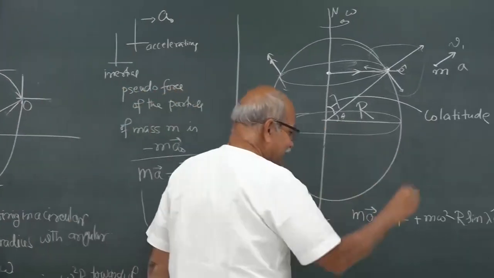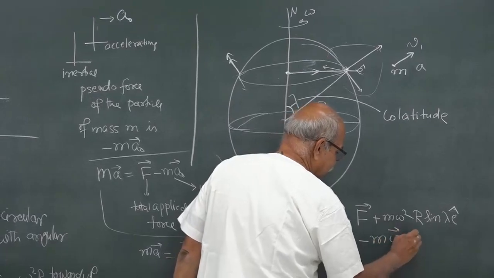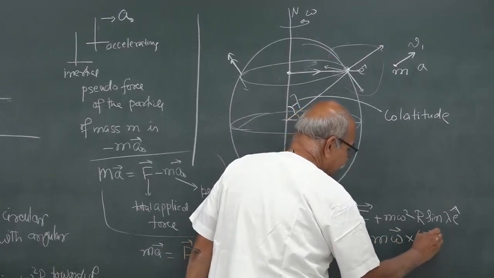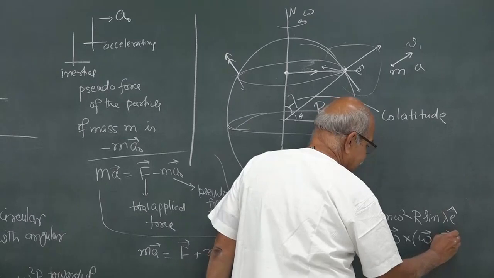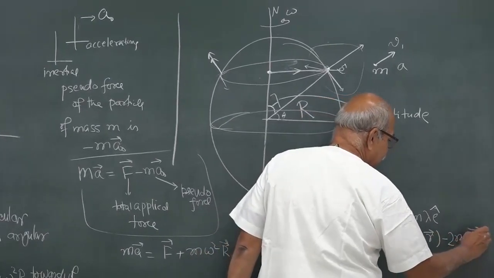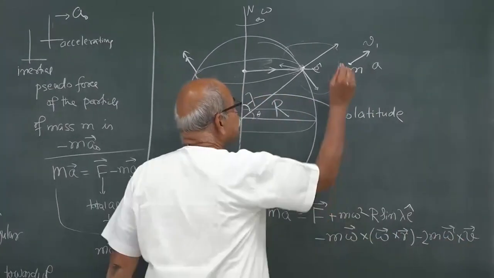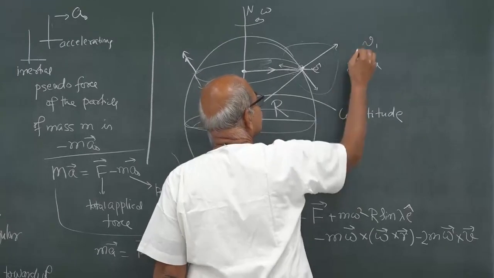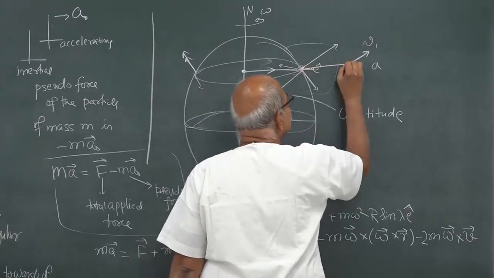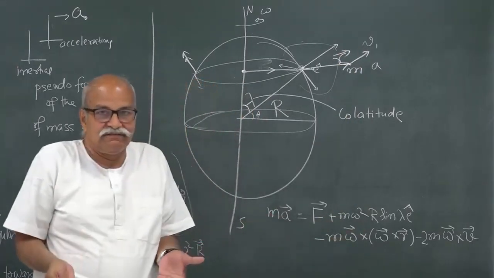Those things will be there, minus m omega cross r vector and minus 2m omega cross v. This r vector is the position of the particle. If the particle is here, then from the origin you join this as r vector from your origin.